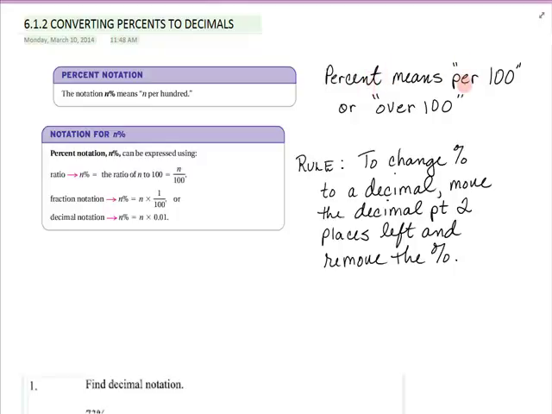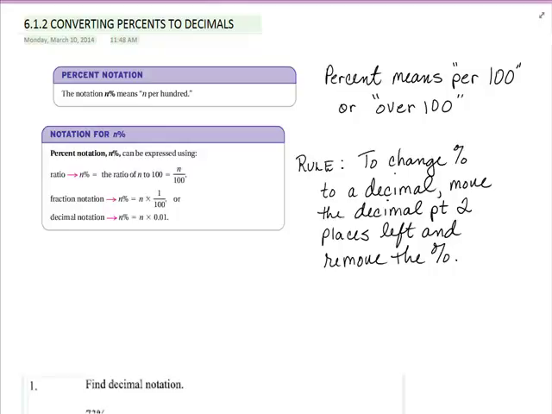So it means broken down per 100. But the word per indicates over. So when we say 30%, we mean 30 out of 100. Percent allows us to compare to the number 100, which is an important number in our number system.